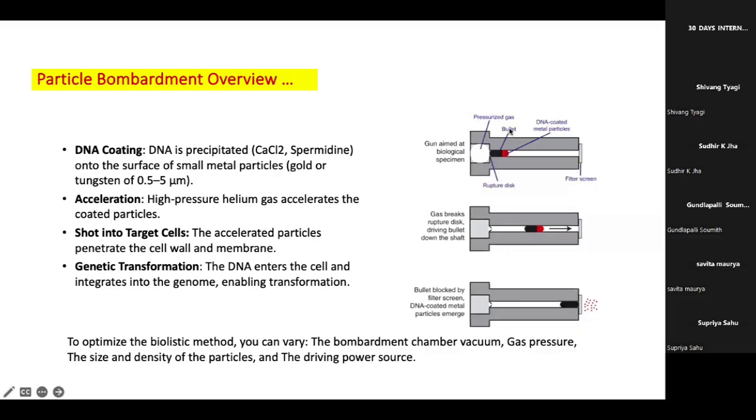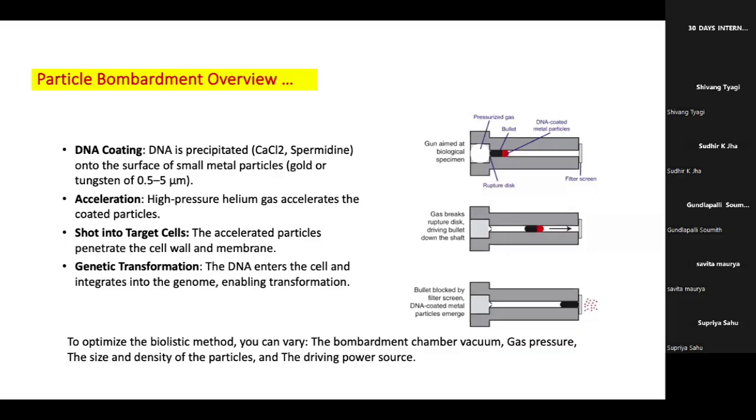So here in the image you can also see pressurized gas, the gas with a high pressure has been created. A bullet has been shown here. The bullet is actually a macro carrier, which here they have mentioned as a bullet, wherein the DNA coated metal particles have been attached. And here is the rupture disk. The limit of helium gas pressure is defined by the rupture disk, that is, how much pressure it can handle.